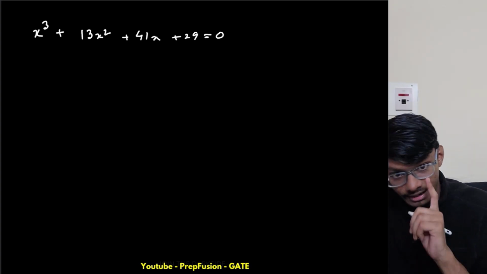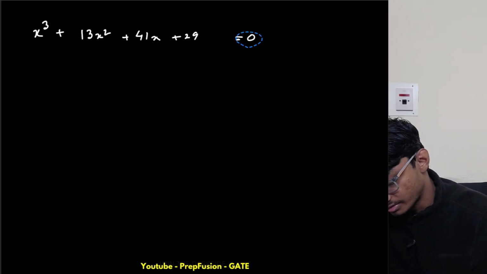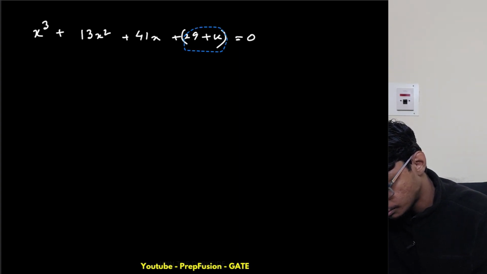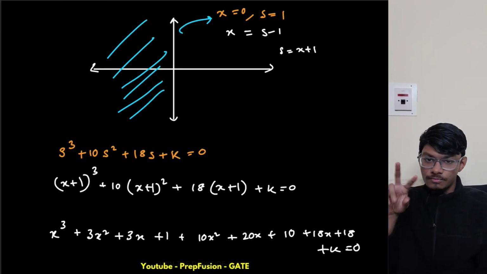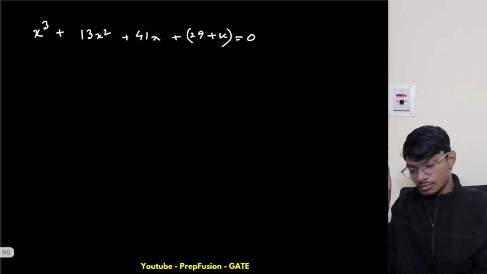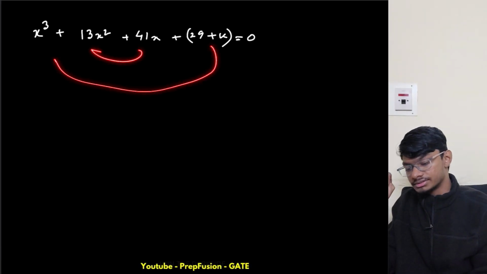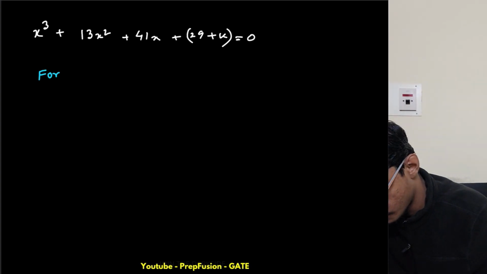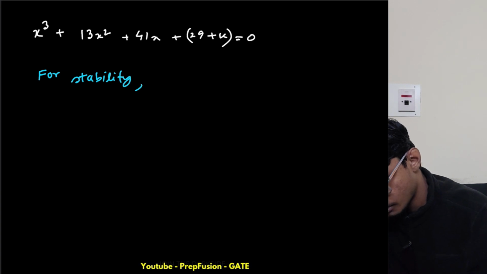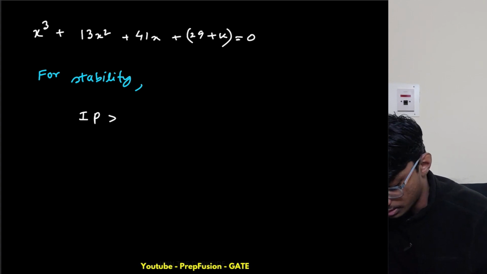Now simply you are forgetting the k also, right? You have a k also here. 29 plus k equals to 0. So now what you do is you do the internal product and external product. So this is the internal product and this is the external product. So for my system to be stable, my internal product should be greater than external product, right?